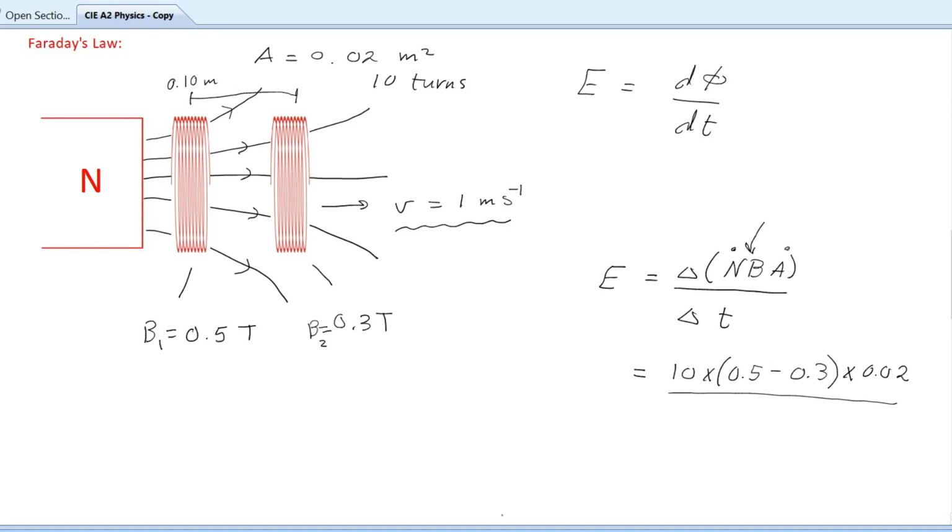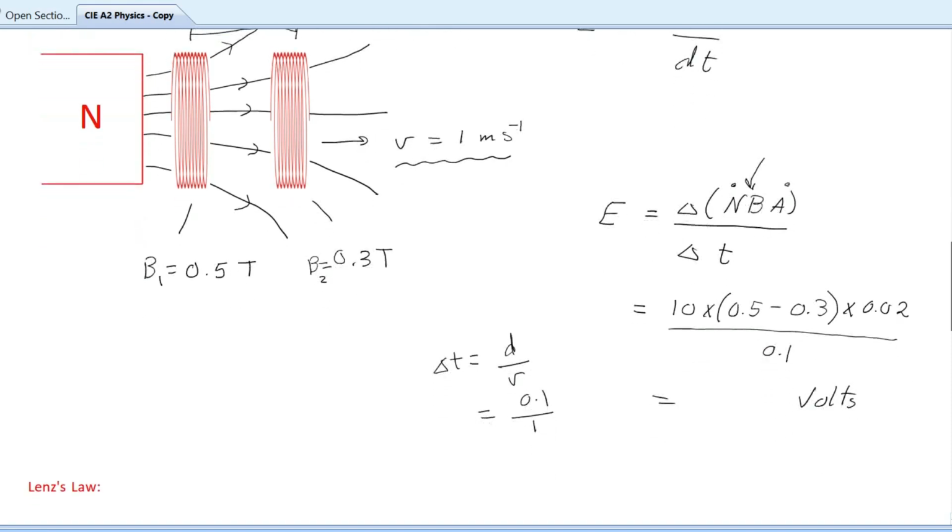So the way you calculate the change in time is dividing the distance by speed, which would give you 0.1 over 1, so you get the time as 0.1. And of course you get the answer in volts. It's an EMF. So that's how you use Faraday's law.